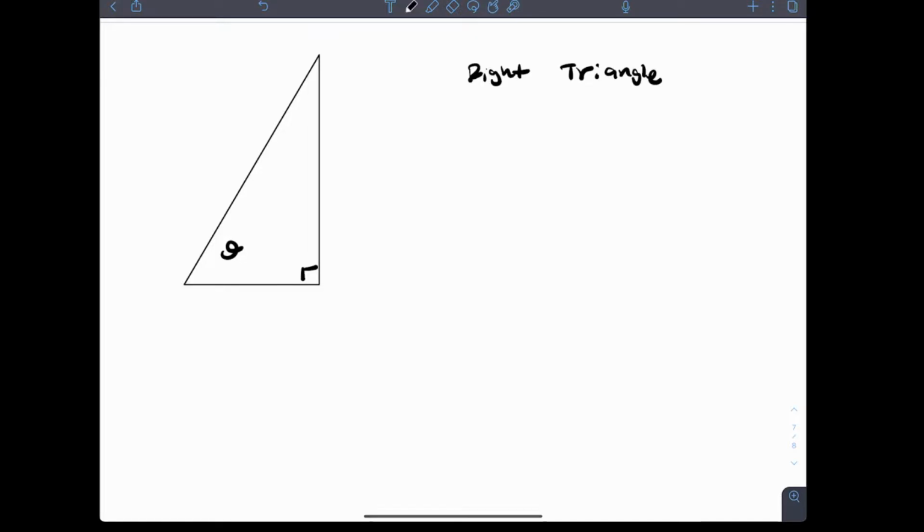And we defined things for you guys here, like sine of theta. This was the opposite. This was the adjacent side, okay? And then this is your hypotenuse. So sine was opposite over hypotenuse.